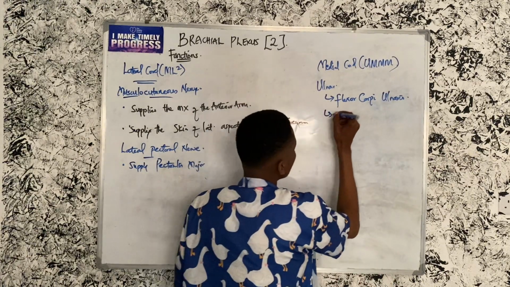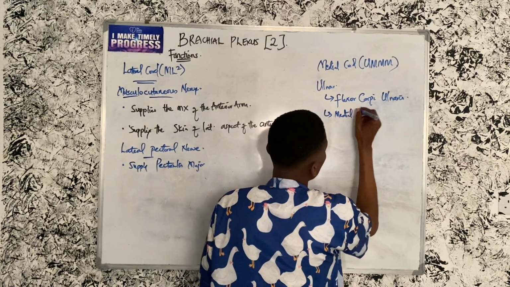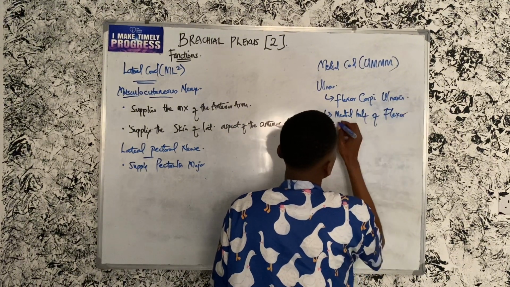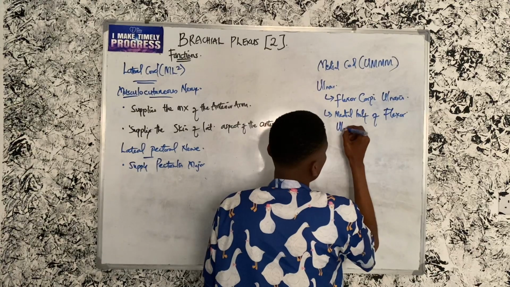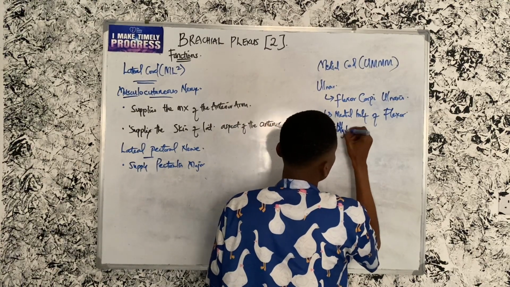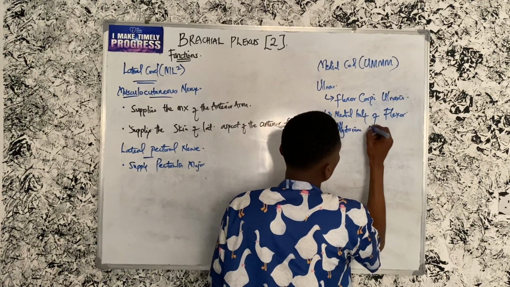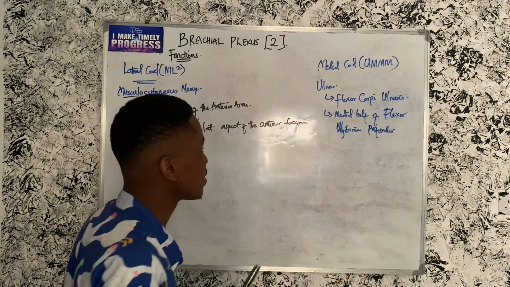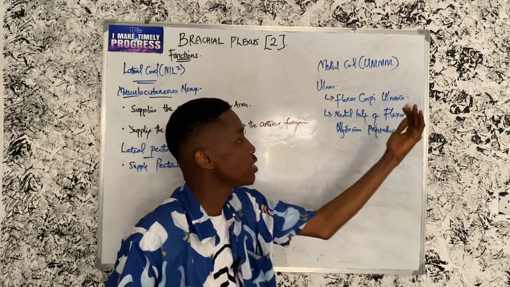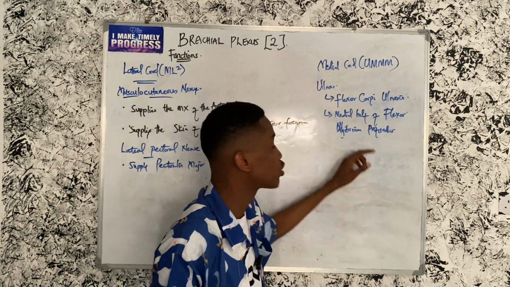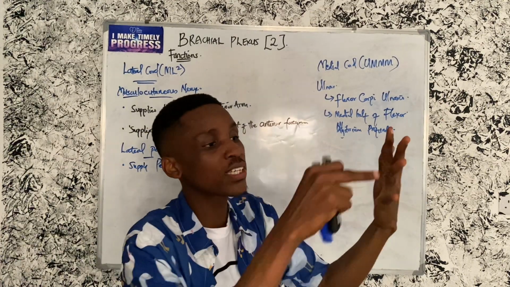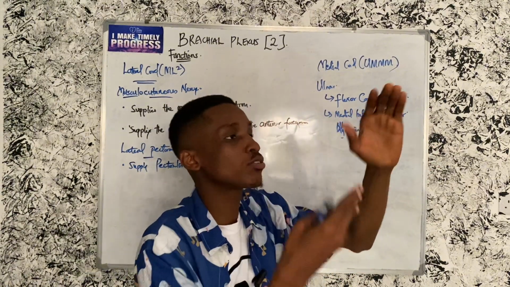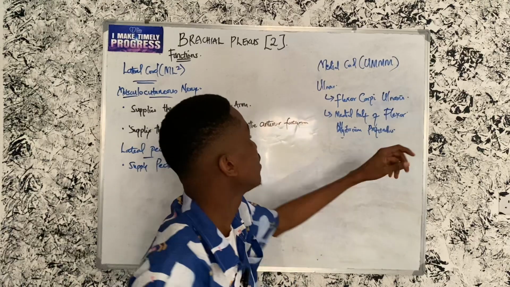Also, it supplies the medial half of a particular muscle called flexor digitorum profundus. I don't like words like this that sound so big. Flexor means you are causing flexion. Digitorum means where the flexion is affecting is the digits. These are the digits, so I'm causing the digits to flex.